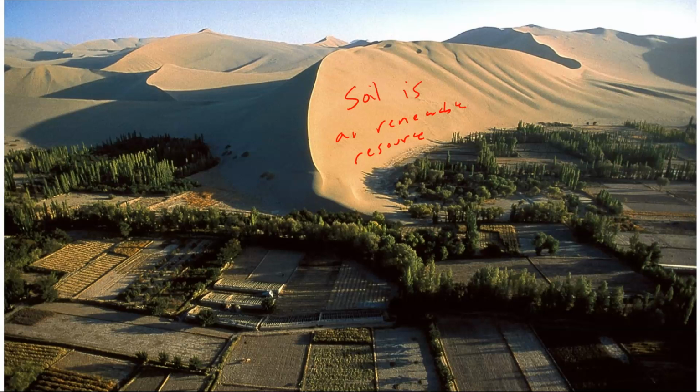Okay, so in the case of this picture, what we're looking at right here, this is the Gobi Desert, by the way. The Gobi Desert's in China, right? Now, one of the things that was occurring in China as population grew and it became more and more heavily cultivated for agriculture is they noticed that the Gobi Desert seemed to be encroaching or increasing its size.